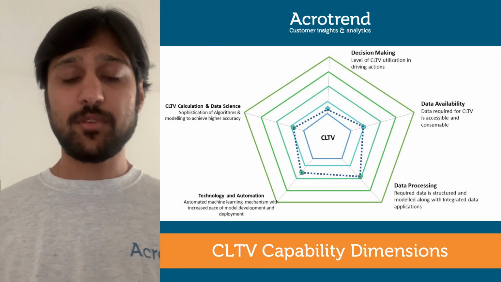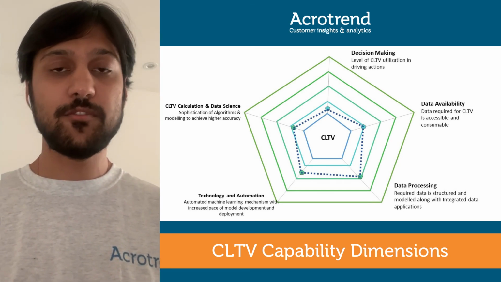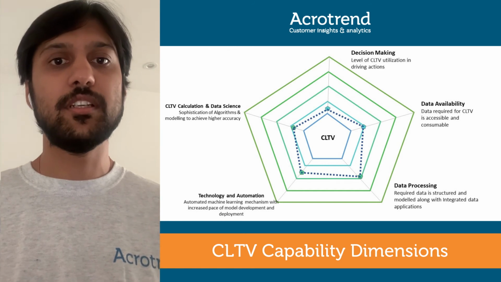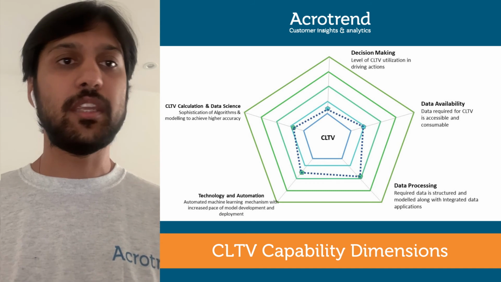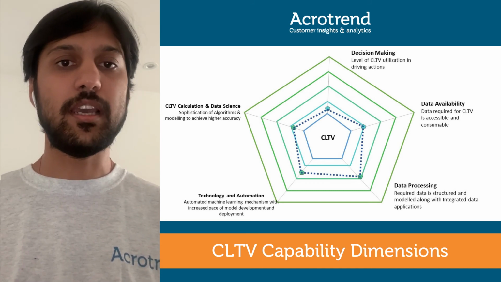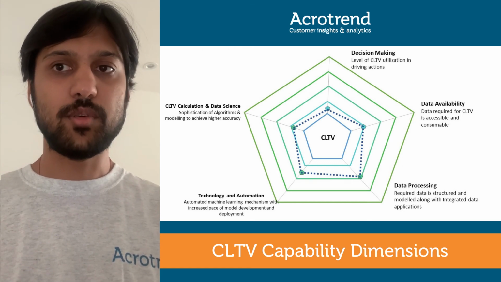The next is data processing. Obviously, with the customer focus, you need to have real-time data available and have all of these data points coming in real time with minimum lag. And that is another key capability which is required.